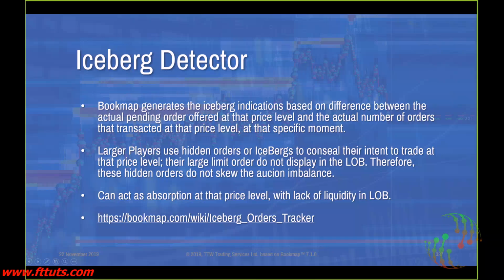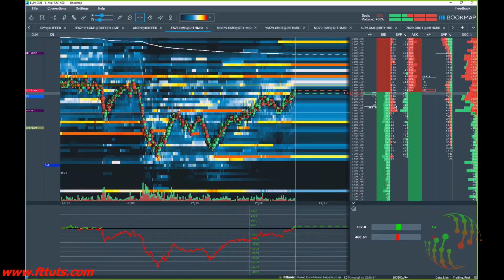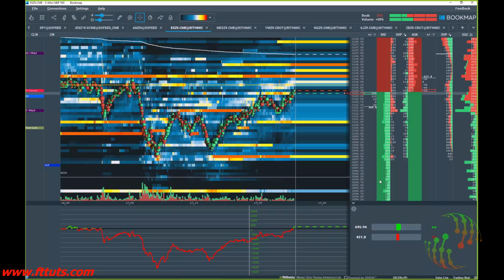The iceberg detector is surely one of the interesting parts of every trading, because I mentioned this week that what we see here in the book is only a part of all contracts traded. It's only a part of all contracts traded.